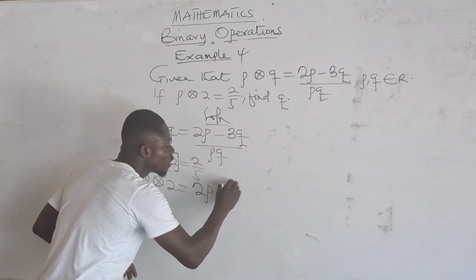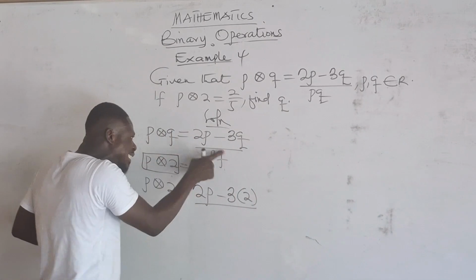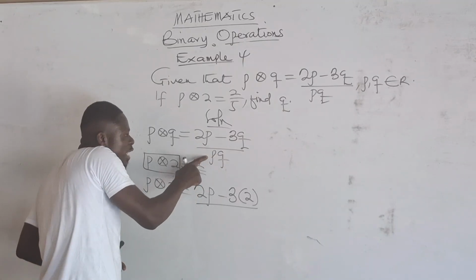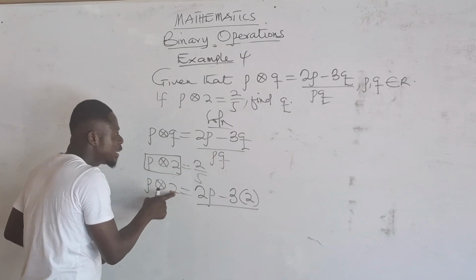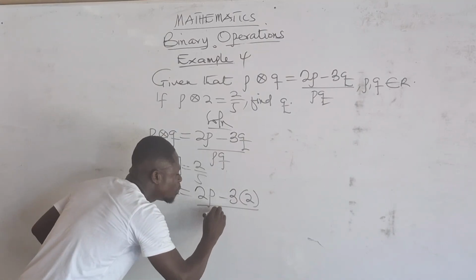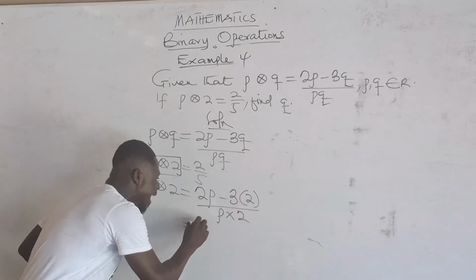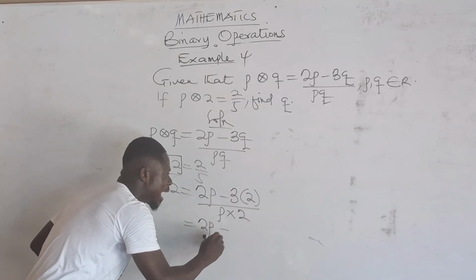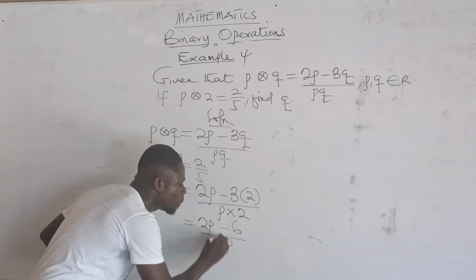So it will be 3 multiplying 2. When we go to the denominator part, we have P times Q. P is still P, but our Q is 2. So we have P times 2. It means that we will have 2P minus 3 times 2 will be 6, divided by 2P.